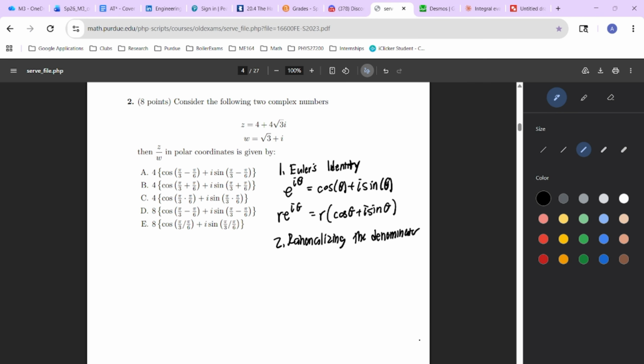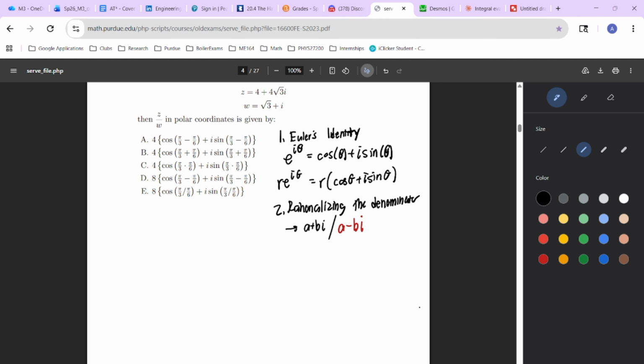We'll go over what that is in a second, but let's say that any complex number, a plus bi, has a conjugate. That conjugate would be a minus bi. And the reason why is that if you multiply a plus bi by a minus bi and multiply everything together, you end up getting a squared minus b squared I squared.